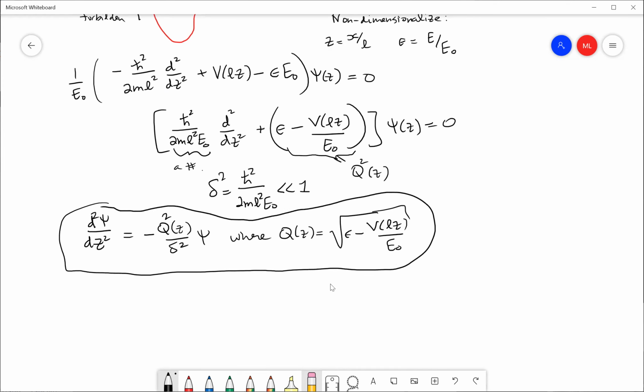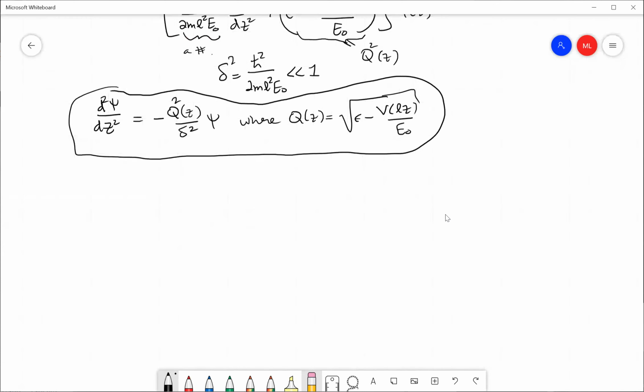And now we can start thinking about what happens here. The idea is, if q of z is slowly varying, if this thing right here is roughly a constant, then this equation would just have exponential solutions.